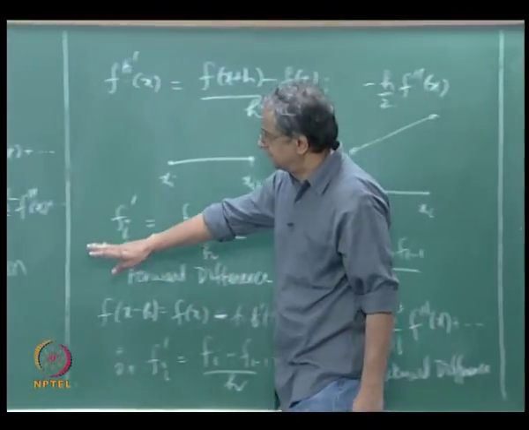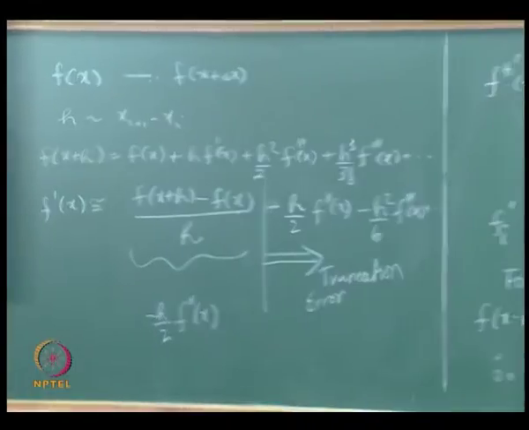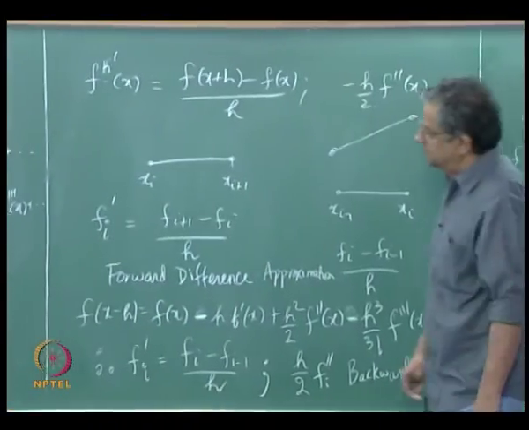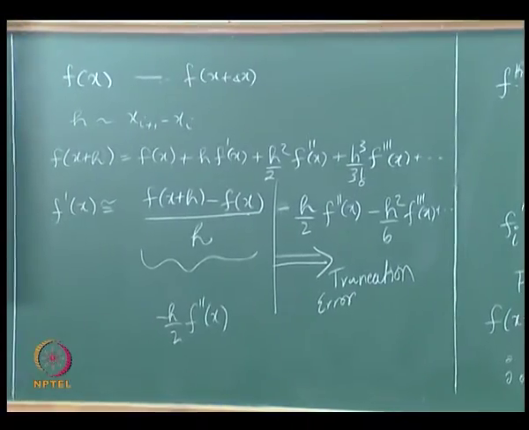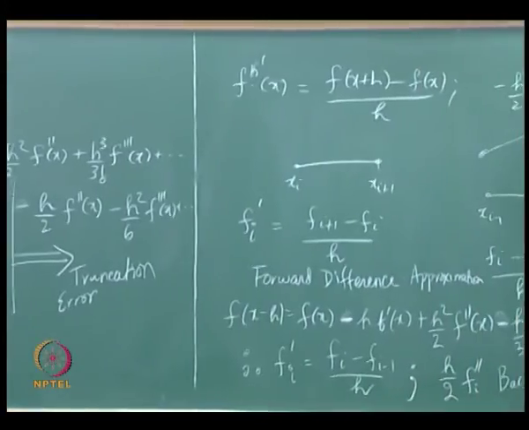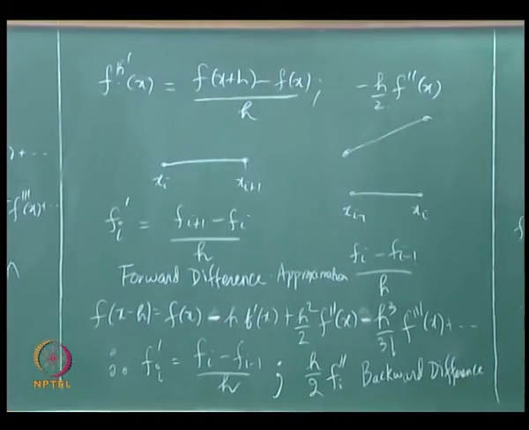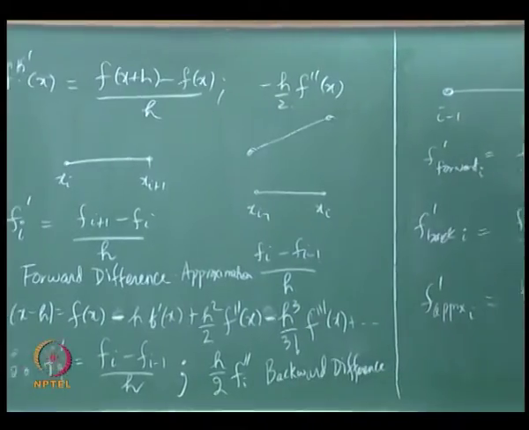There is a minus h squared by 6 here, okay, and what are we going to get here? You have a plus h squared by 6.